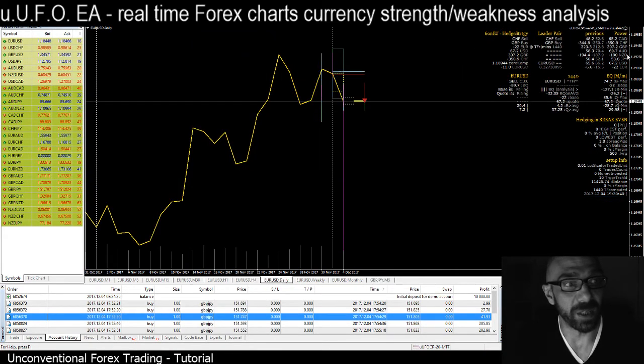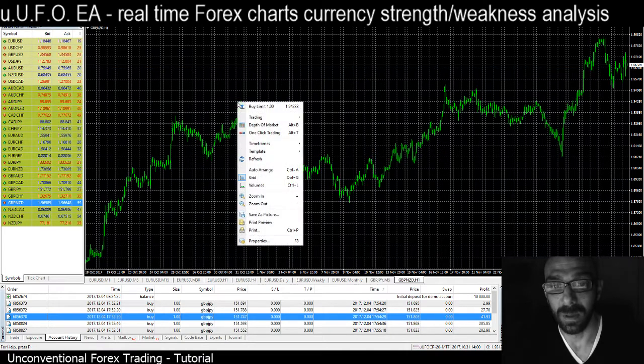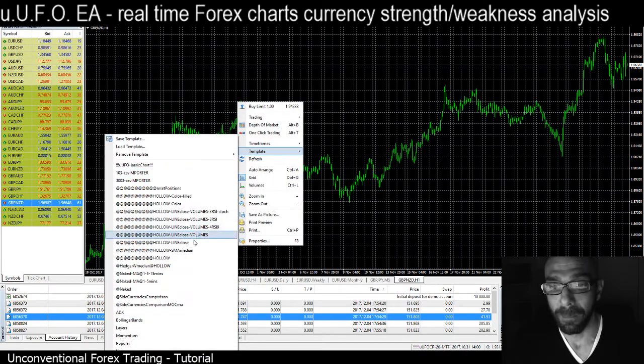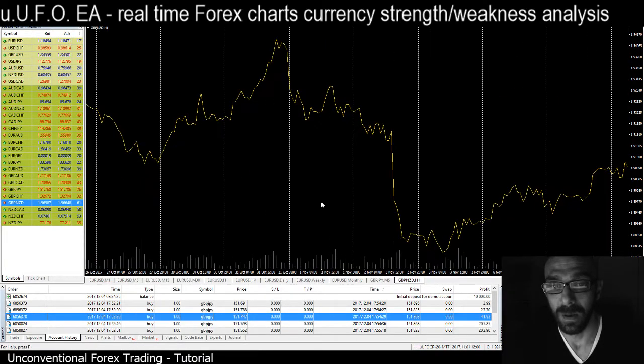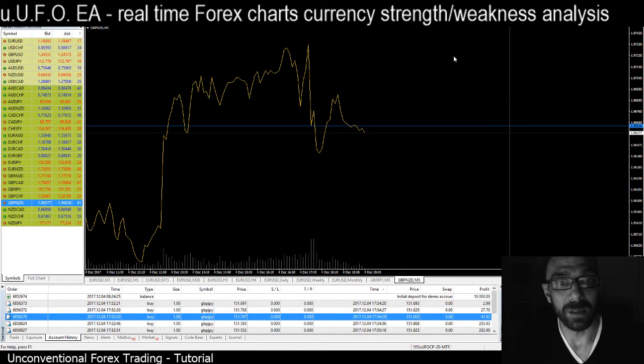Let me check in the daily. We are having, for example, GBP New Zealand dollar. I would like maybe to open that. I hope it works. Chart window. Okay. This is in the 1 hour.